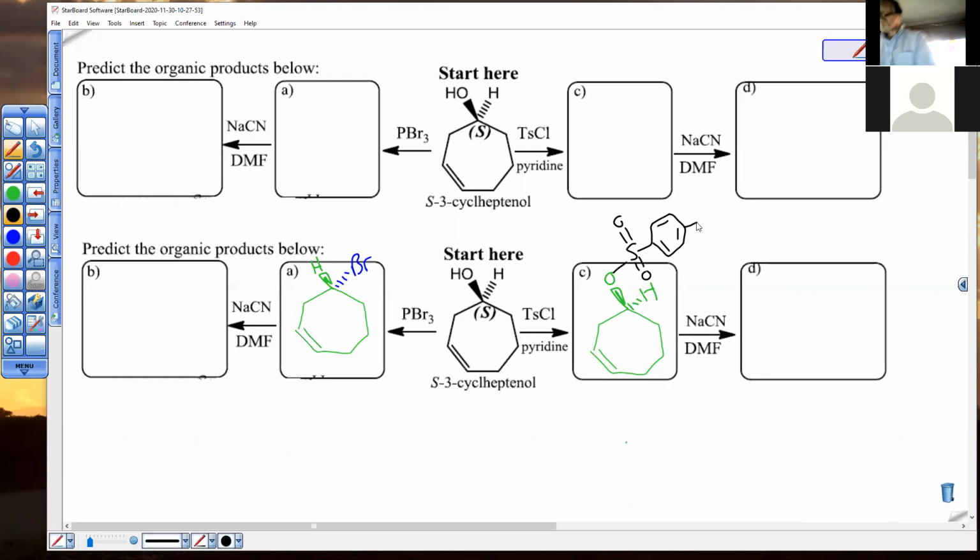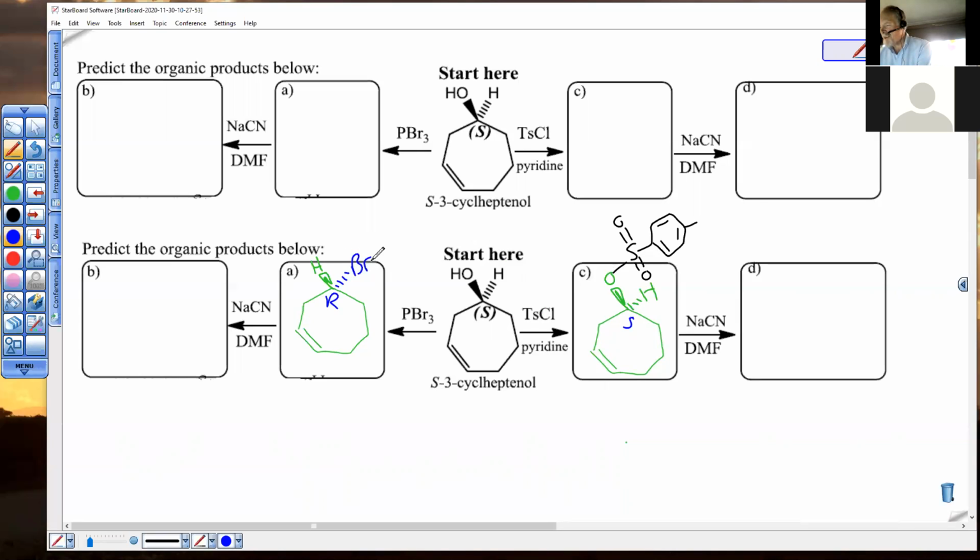So in the reaction to the left, the S became R. In the reaction to the right, the S stayed S. But both reactions converted an alcohol into a carbon with a leaving group. Excellent leaving group, Br.